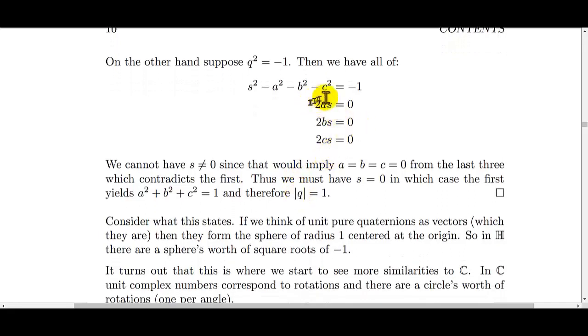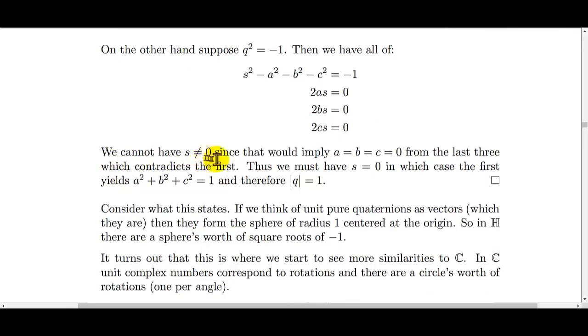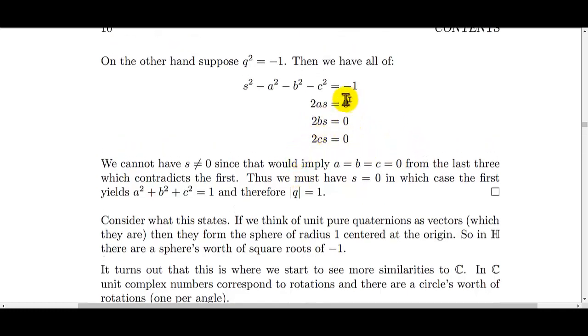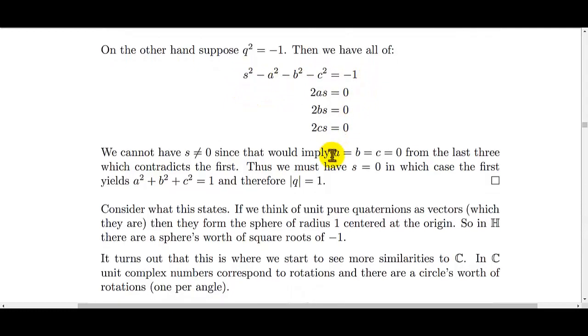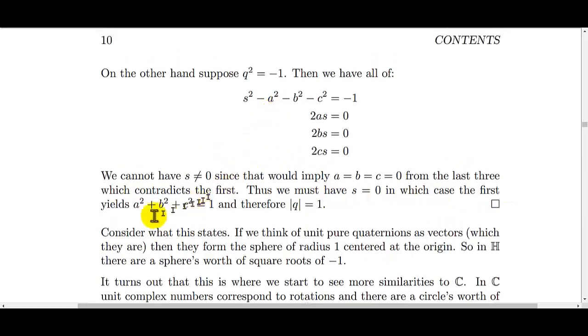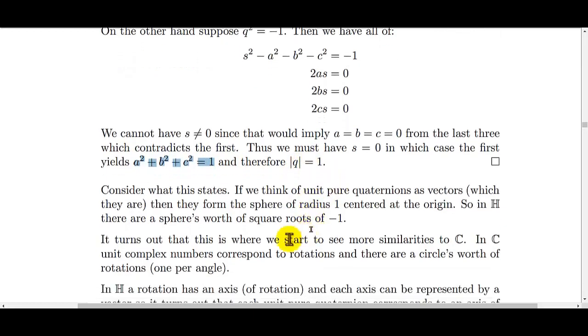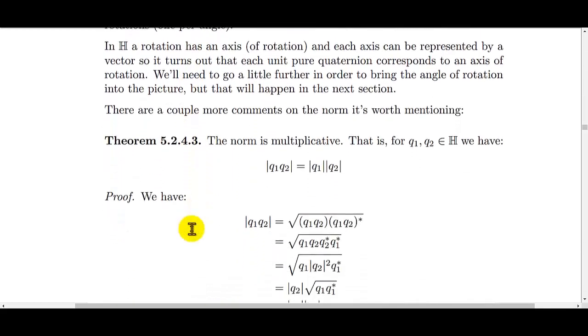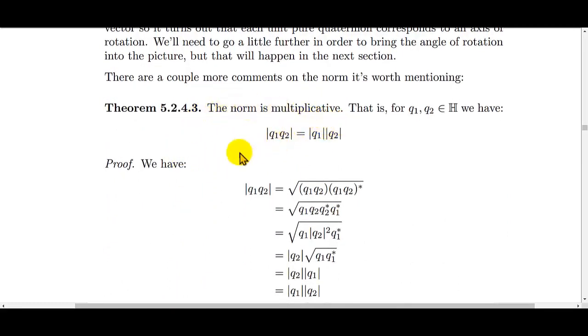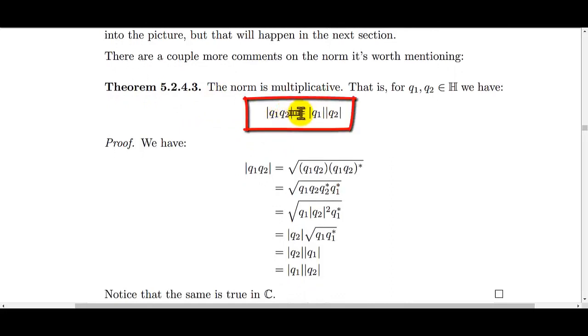So we have this expression, this other expression, and this other expression, but we cannot have S different than 0, because that would imply A, B, and C to be equal to 0 from here. But that contradicts this expression. So we must have S equal to 0, in which case we have this result, and therefore by definition the norm of Q is equal to 1. And from this theorem we have that the norm is multiplicative, so the norm of Q1 Q2 is the product of the norm of Q1 and the norm of Q2.